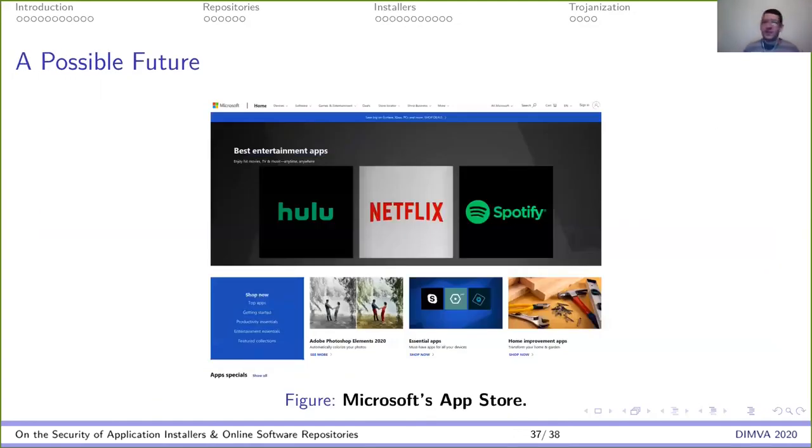And now I think this subject of application installers is very interesting, and I think this work does not stop here. There are a lot of things to do by us and many researchers, because the scenarios change very often, very fast. As you can see here, Microsoft deployed an app store for desktop applications, so you can download your Windows applications now not from repositories, but from the official Microsoft application store.